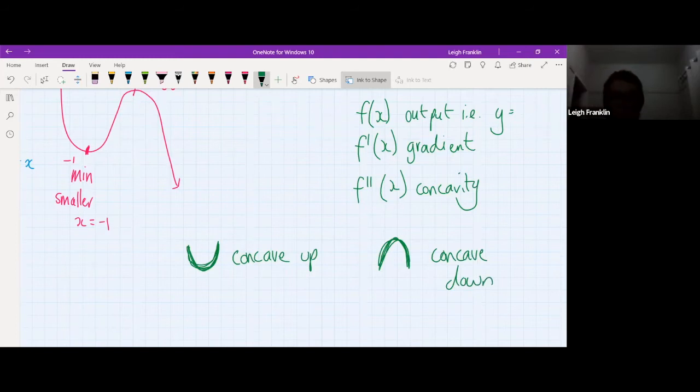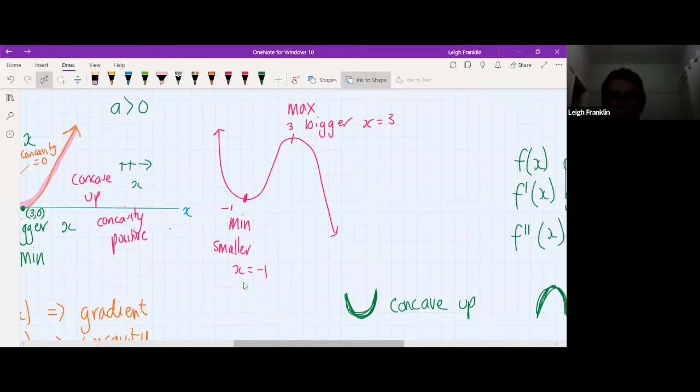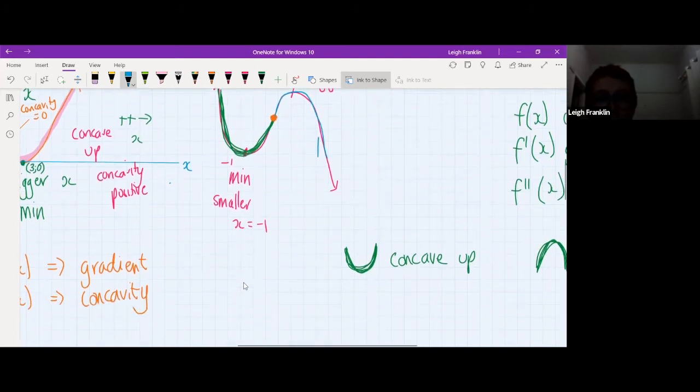If we have a look at our pink graph over here, can you see, Cassandra, over here to there, it's concave up. Then the place at which it stops being concave up and starts being concave down is the point of inflection. Now the graph is concave down.